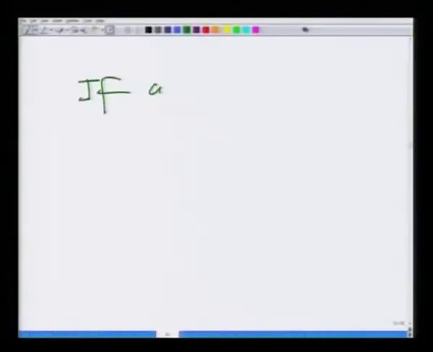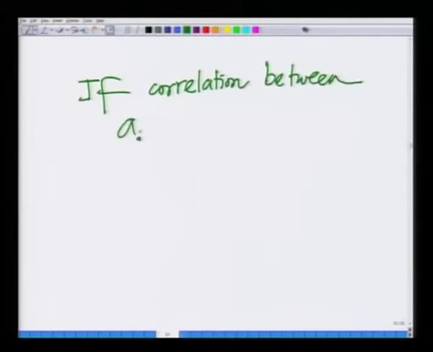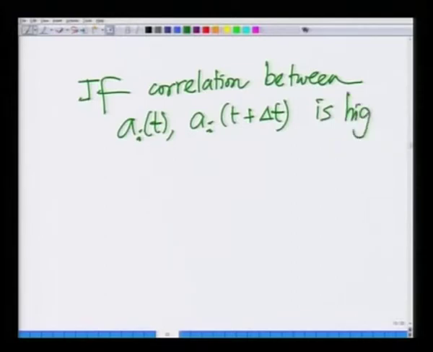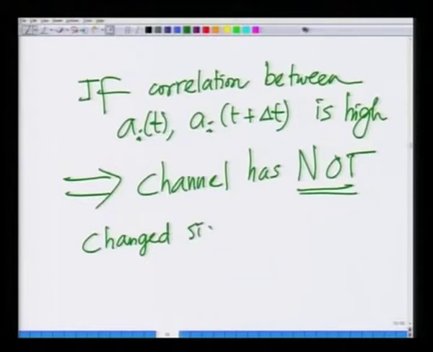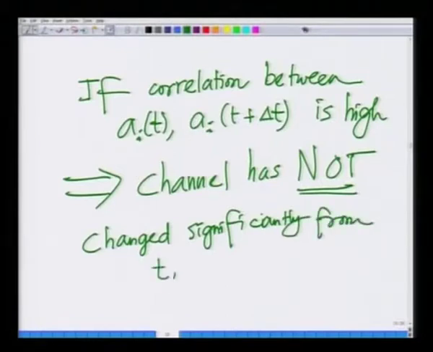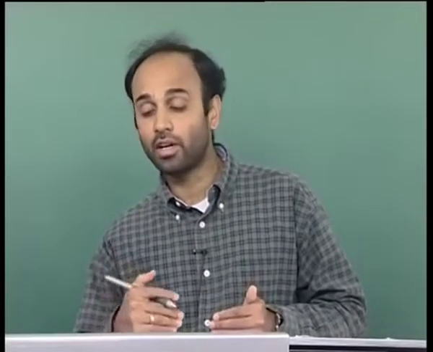If the correlation between a_i(t) and a_i(t plus delta t) is high, this implies the channel has not changed significantly from t to t plus delta t, because a_i(t) and a_i(t plus delta t) are similar.